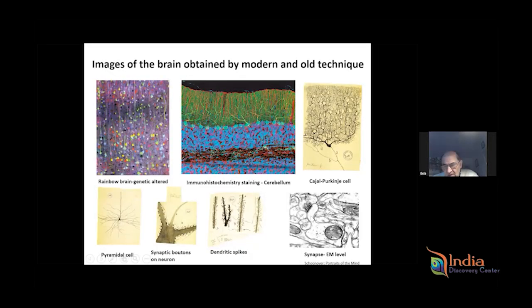And with the newer technique, the electron microscope, we can see synapse structures and other dendrite images very close to each other. So there is a very tiny extracellular space among the different structures of the brain.